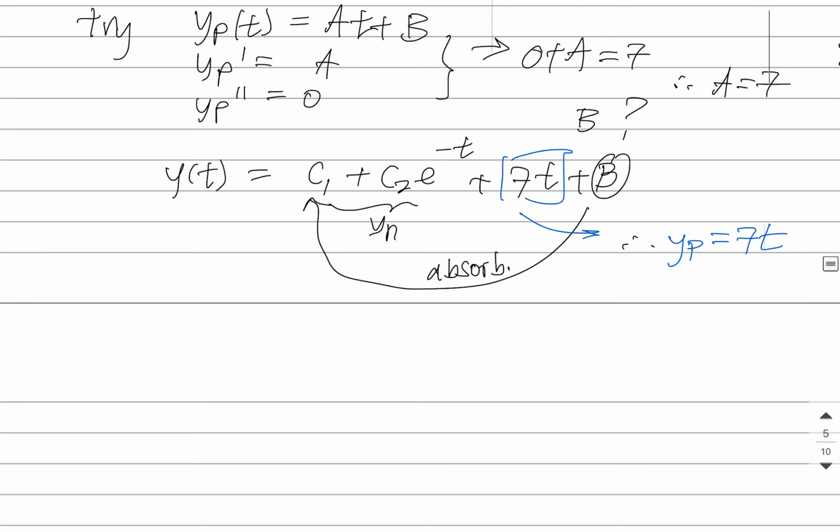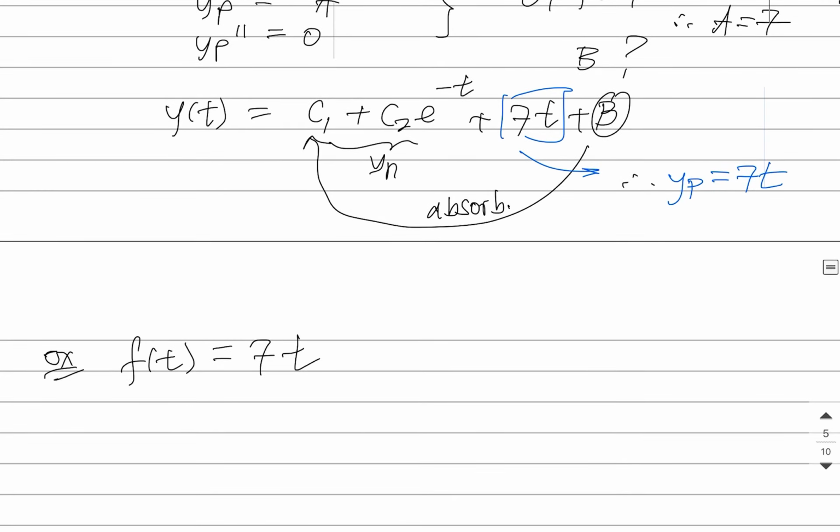And finally, if you were to try that again, let's say with the right-hand side being 7t, you would very naturally say, oh, I'm going to try the particular solution as at plus b. And if I were to take the derivative, I'd get an a, and the second derivative, I would get a 0.